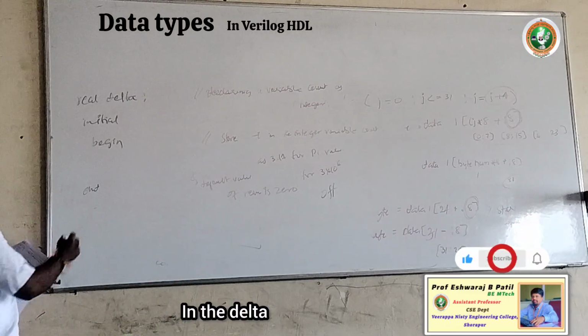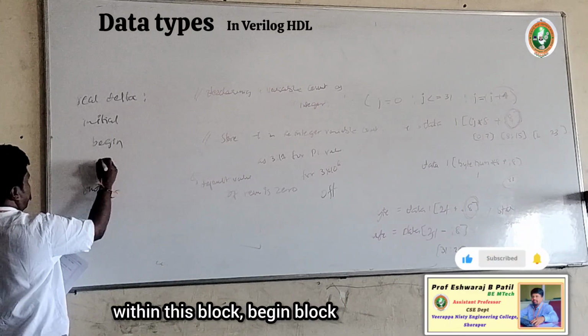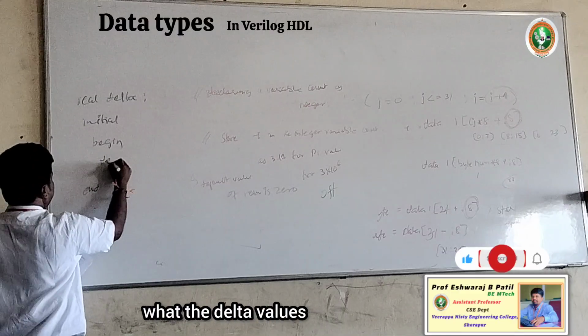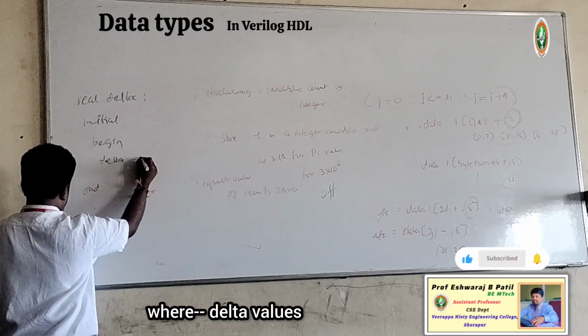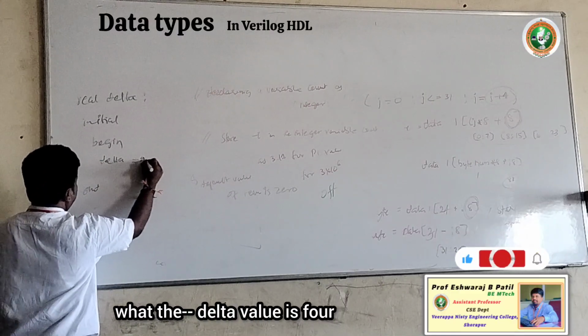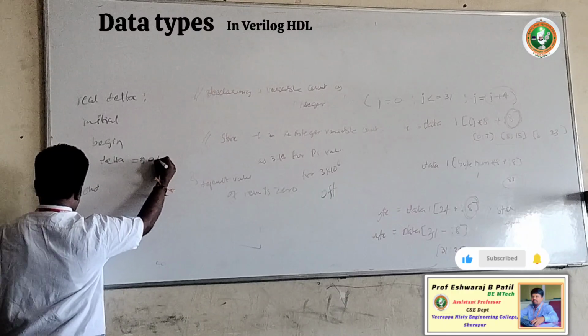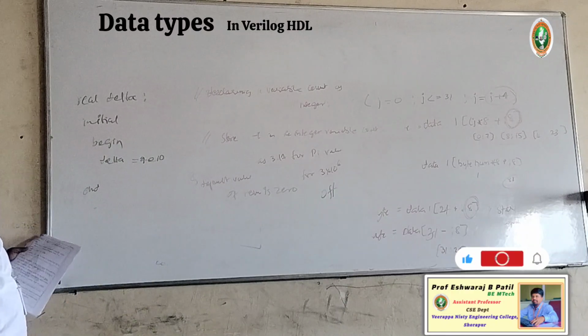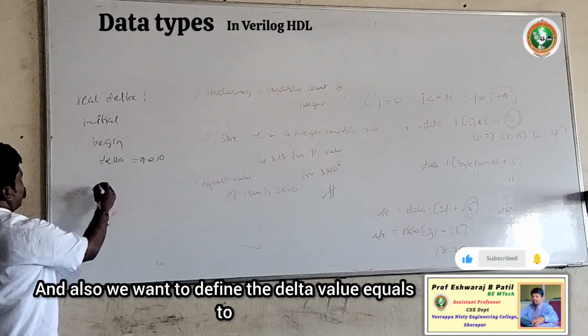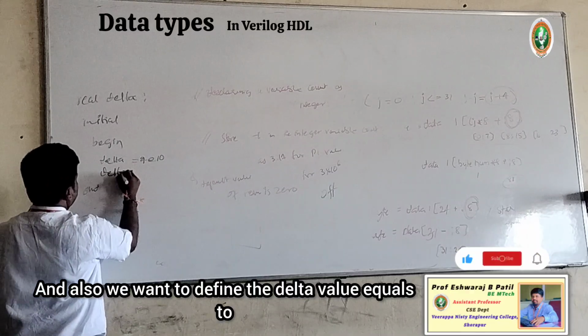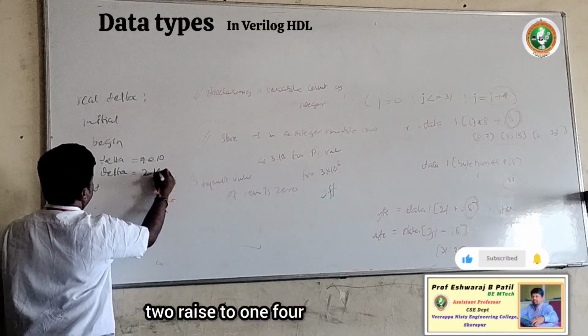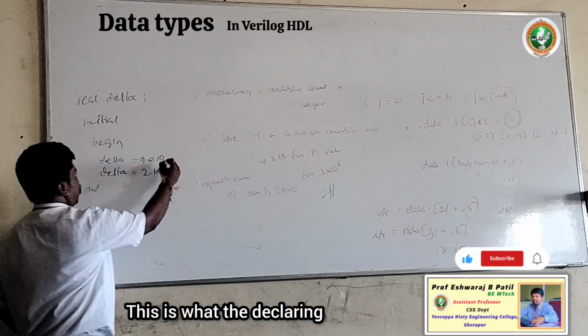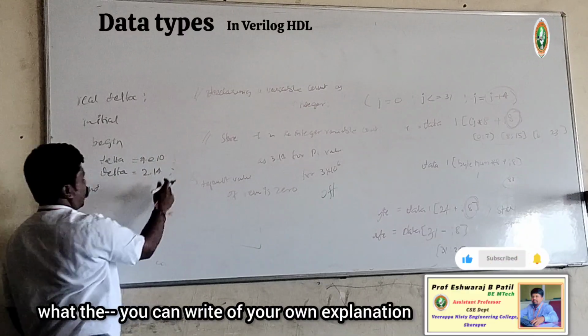Within this begin block, we have to define the delta values, for example 4E10. Also we want to define the delta value equals to 2:14, something you write. You can write your own explanation.